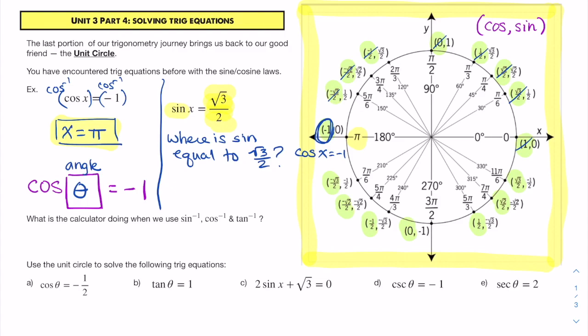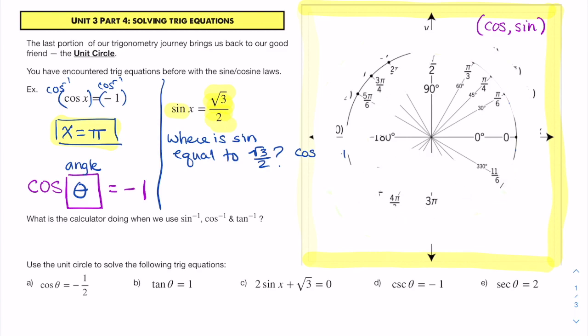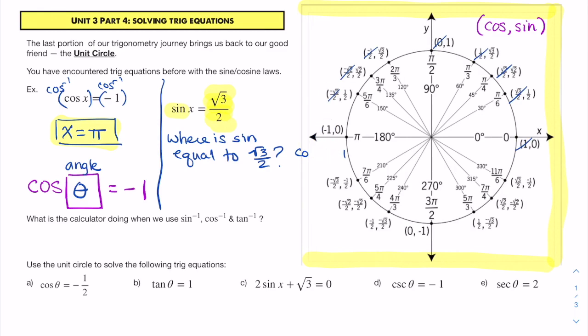And here's the interesting thing. You'll notice that there are not just one. Let me get rid of all the cosines, so these were all the cosines, right? Now let me highlight all the sines.